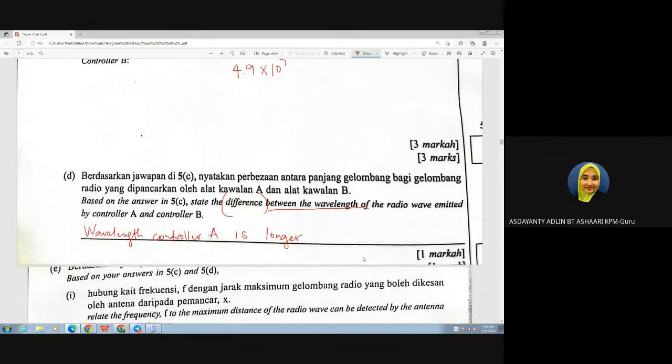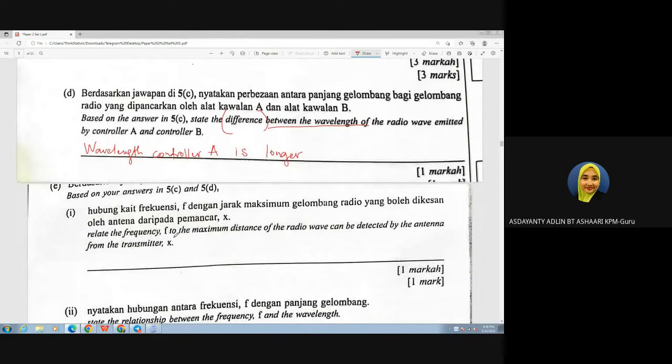Okay. Next. Relate the frequency to the maximum distance of the radio wave can be detected by the antenna from the transmitter X. So if f increases, what happened to the maximum distance? The maximum distance becomes further, increases or shorter? Increases, correct.